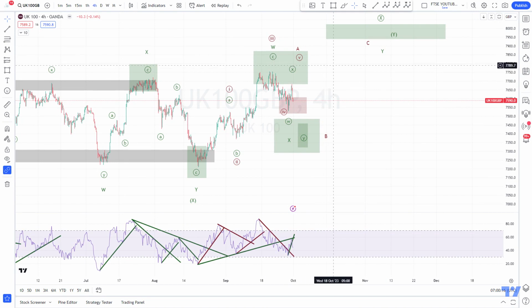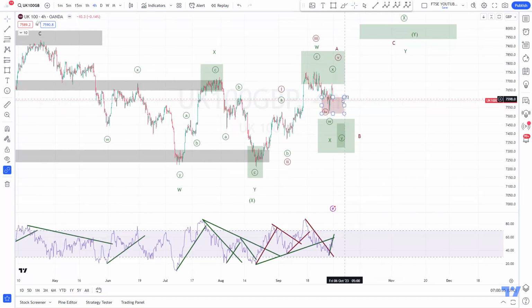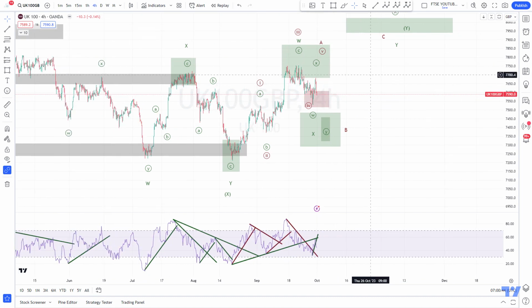We can be in another scenario, and the other scenario can be the triangle. So therefore, we have to wait for what exactly we get here to see if we want to short again from this area, the WXY scenario, or if we have to go long, going with the breakout of the triangle. This is something we have to decide in a later phase.